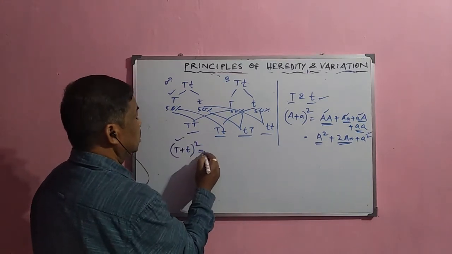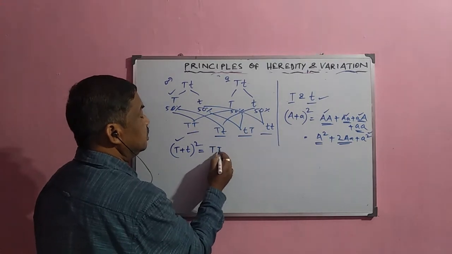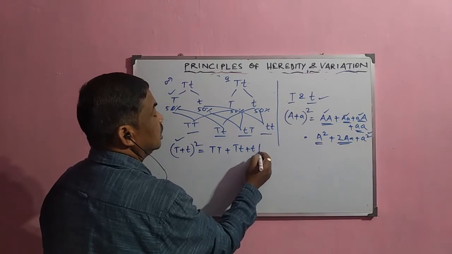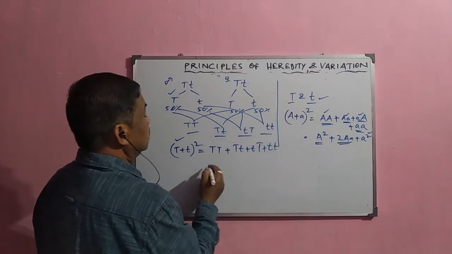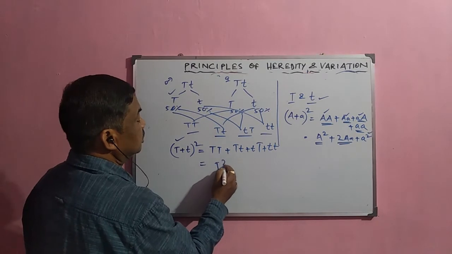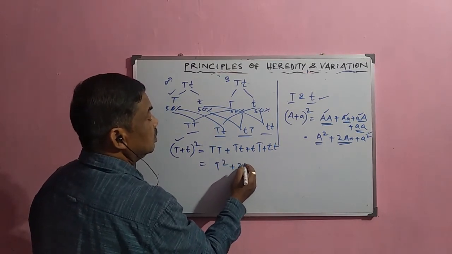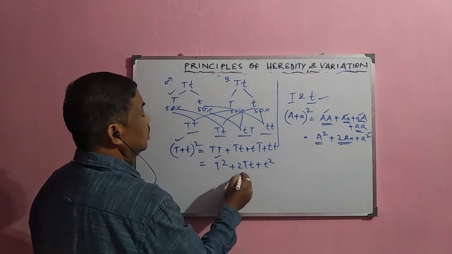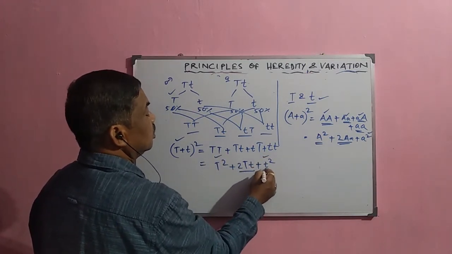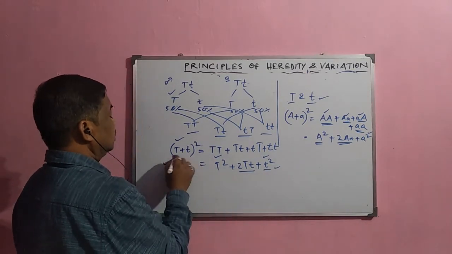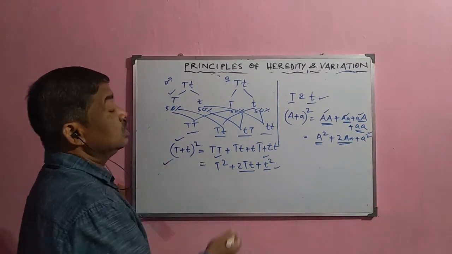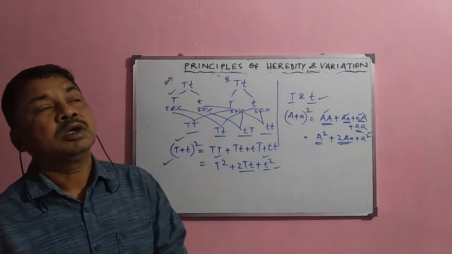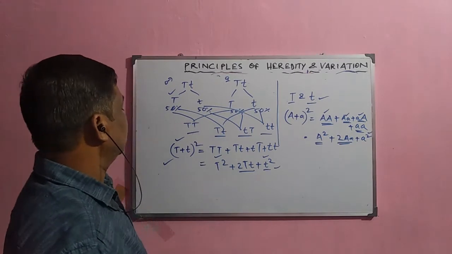And when it is the square, now here capital T plus capital T small t plus small t capital T plus small t, and he explained that T square plus 2Tt plus t square. So a square plus 2ab plus b square. By this explanation, he proved how his mathematical knowledge is applied in the explanation of the monohybrid cross experiment.